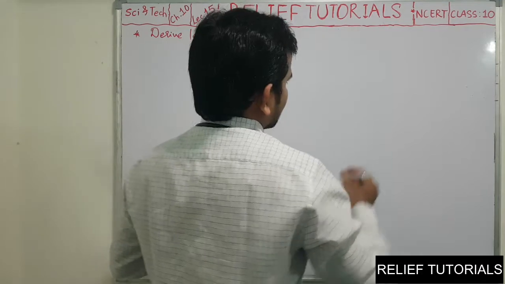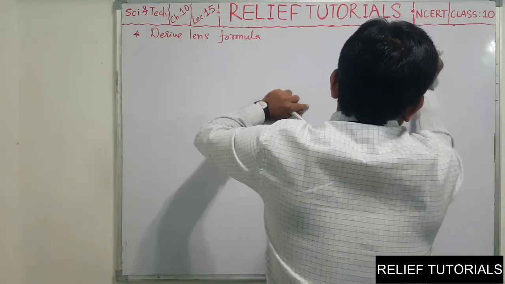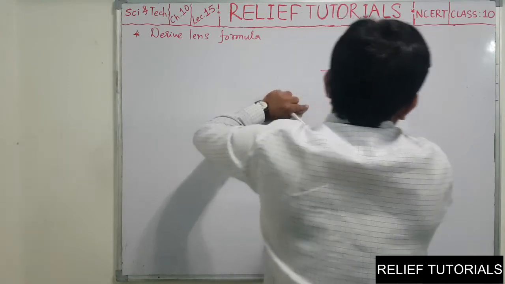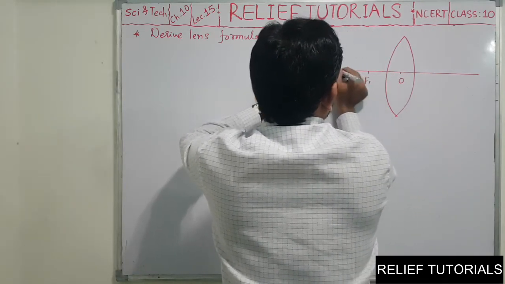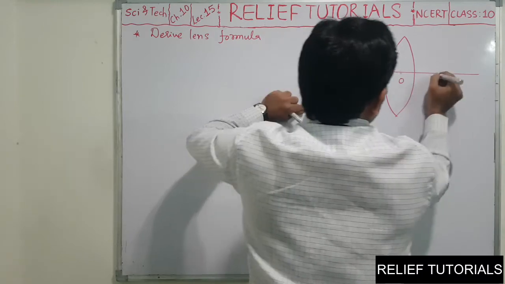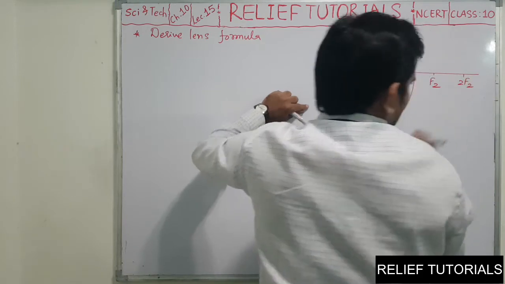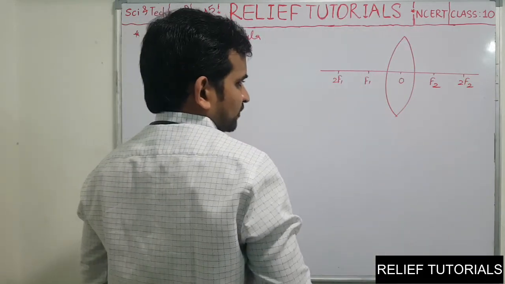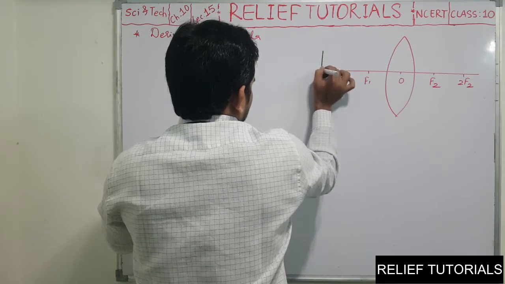First of all, the figure. Let us place the object beyond 2F1.